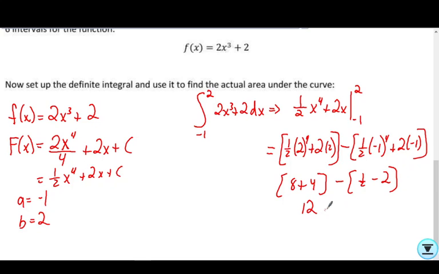So this is 12 minus negative 3 halves, which is 12 plus 3 halves, or 27 over 2, which is 13.5. And that's the area, which when we approximated it was pretty close. But that's actual area. That is the area between -1 and 2.